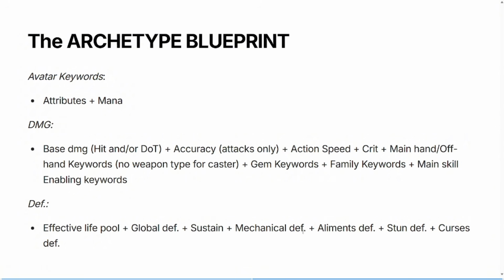So mechanical defenses, those are basically any defenses that are either avoidance of damage or reduction of damage. So typical damage reduction mechanics would be like spell suppression or maximum elemental resistances, and an avoidance mechanic would be, for example, block, right?